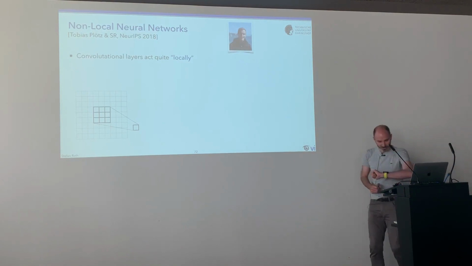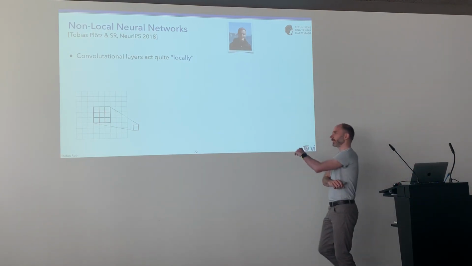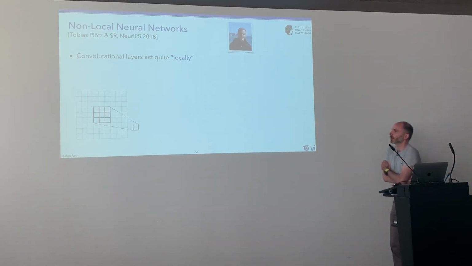And the last thing, and then I'm done, again, totally unrelated, but also work that I quite like, and I wanted to briefly advertise. My student Tobias Plötz and I have worried about this problem that convolutional layers act quite locally, right? And we all want to increase the size of the receptive field. Dilated convolutions are one way to do that.